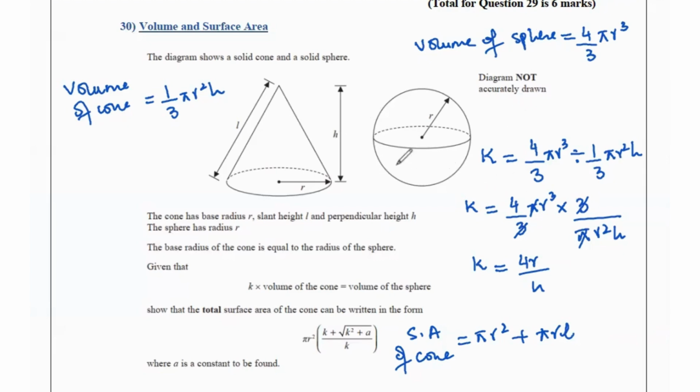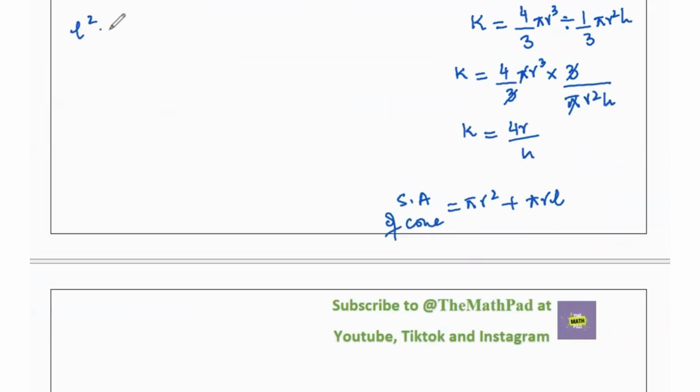So let's use Pythagoras to figure that out, because this is your height, this is your radius, and this is your slant height, L. So L squared equals r squared plus h squared. L equals the square root of r squared plus h squared.